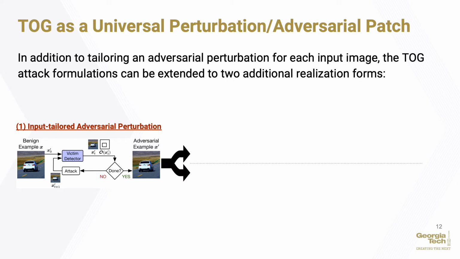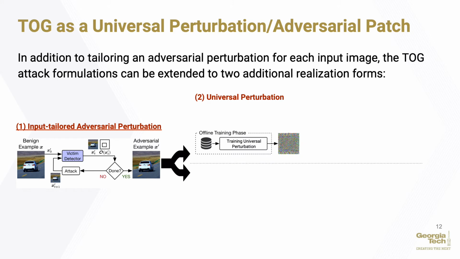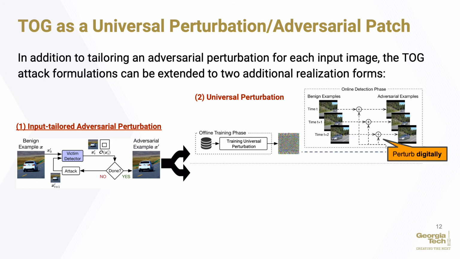We also extend TOG to two additional forms, and the first one is called universal perturbation. Instead of optimizing an adversarial perturbation per input, we train the same perturbation to fool the victim by using a training dataset. Once the universal perturbation is obtained, we can then apply the same distortion on every image received by the object detection system without additional optimization.